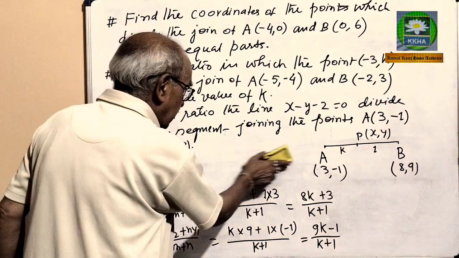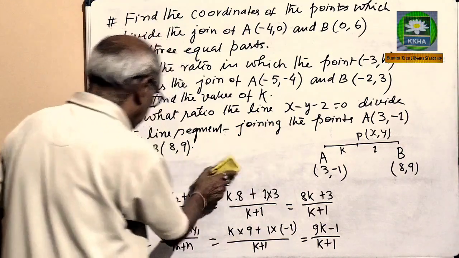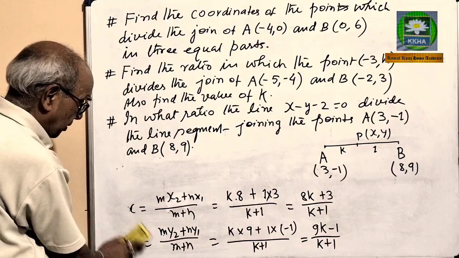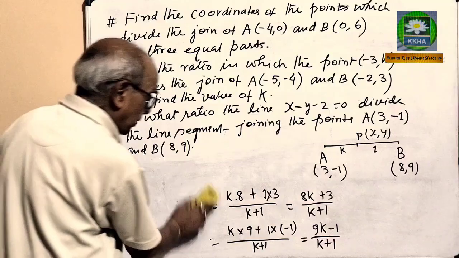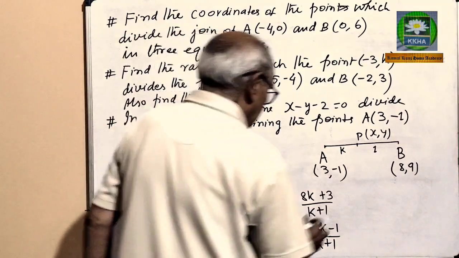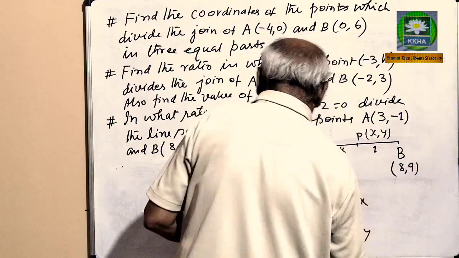Now since this line passes through this point, here this is x and this is y.